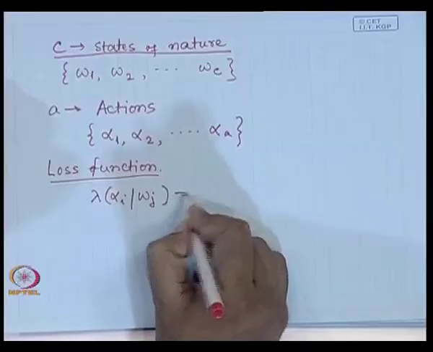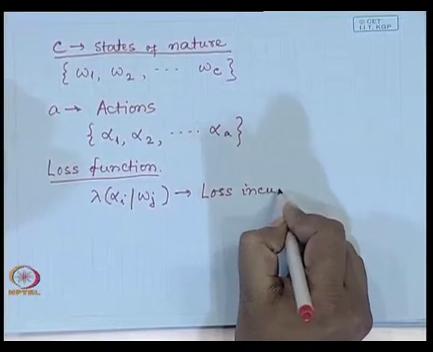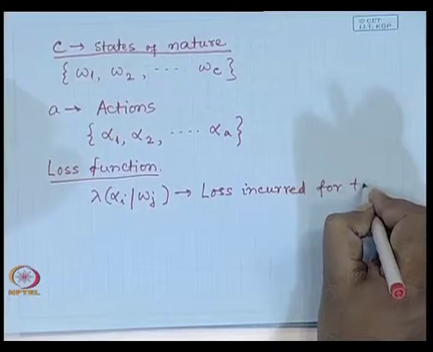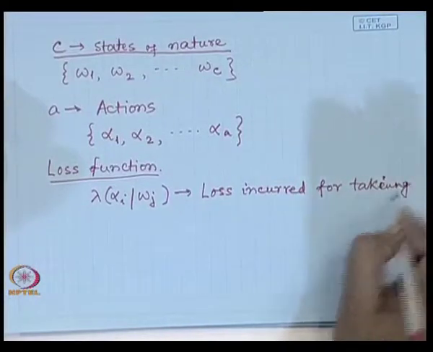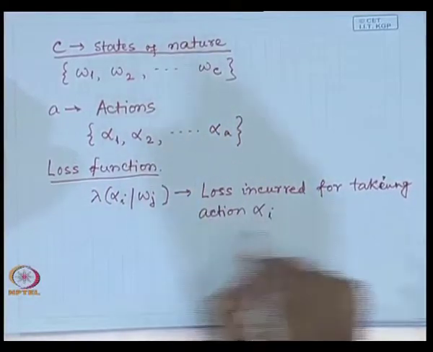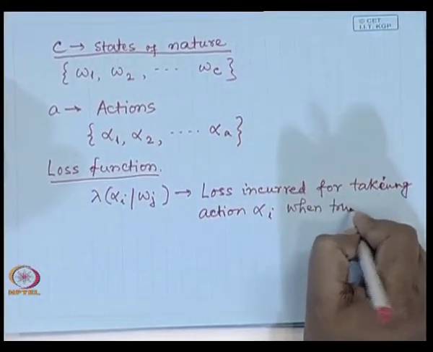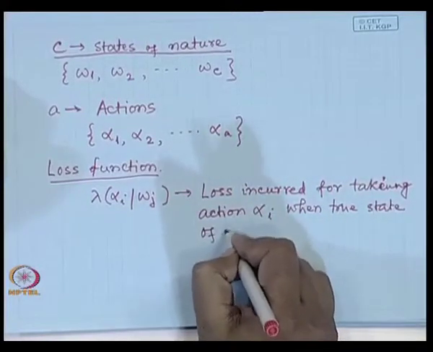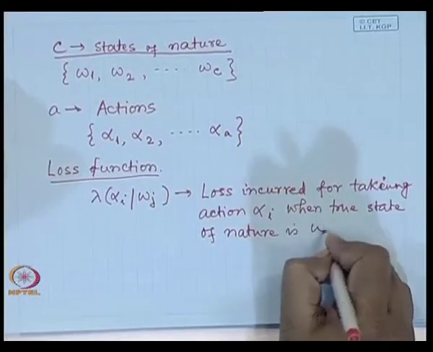So, this is the loss incurred for taking action alpha i when the true state of nature is omega j.